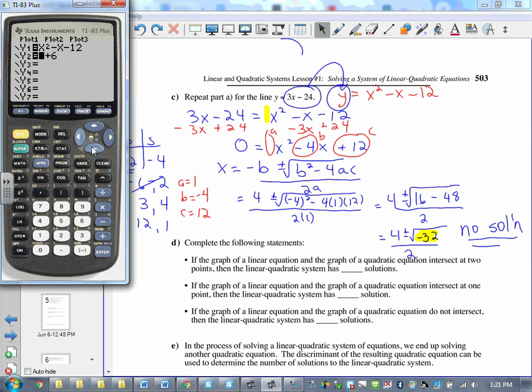Our y2 is 3x minus 24. And let's look at our graph. Let's change our window. I'm going to make my y min smaller. So are these two graphs ever going to hit each other? No, it's not possible. There's no solution.